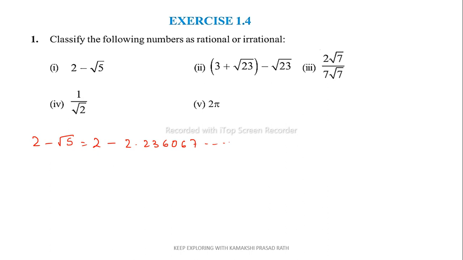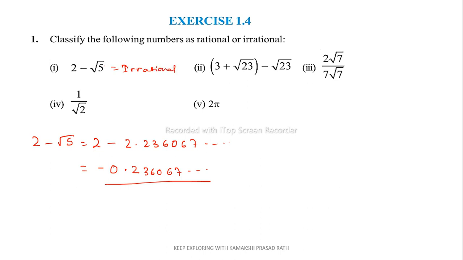So when you subtract, we will get something like minus 0.236067 and so on. So our answer is also a non-terminating and non-repeating decimal expansion. Hence, we can say that 2 minus root 5, whatever the value we have got, is an irrational number.